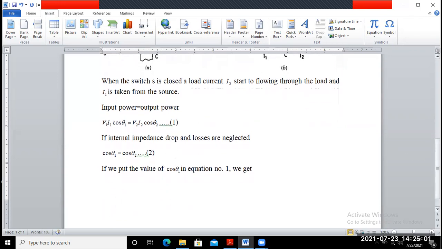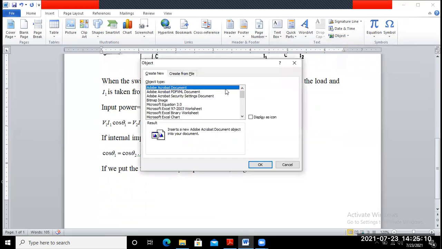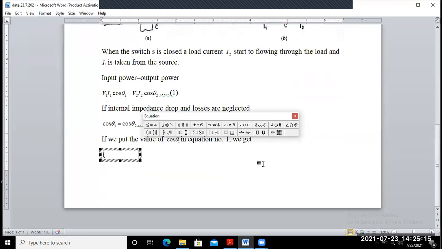So V1 I1 cos theta 2 equal to V2 I2 cos theta 2.